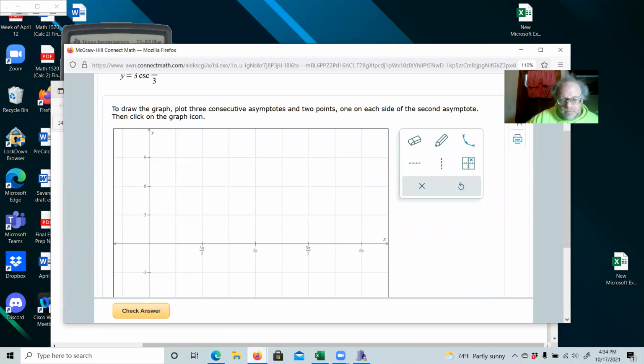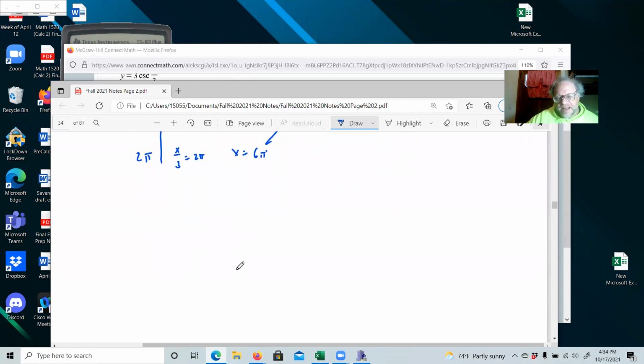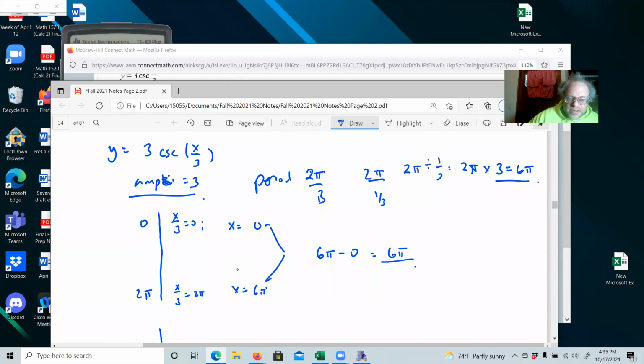Oh, we need more. Usually for problems like this, we think about the sine and graph it because of that. What happens here with pi? We have x over 3 equals pi, so x equals 3 pi. How about here, pi over 2? We have x over 3 equals pi over 2. Multiply by 3, we get x equals 3 pi over 2.